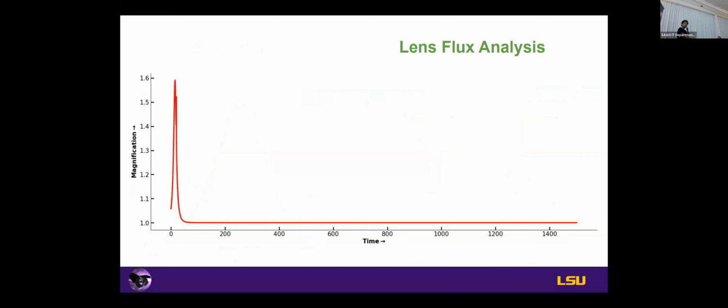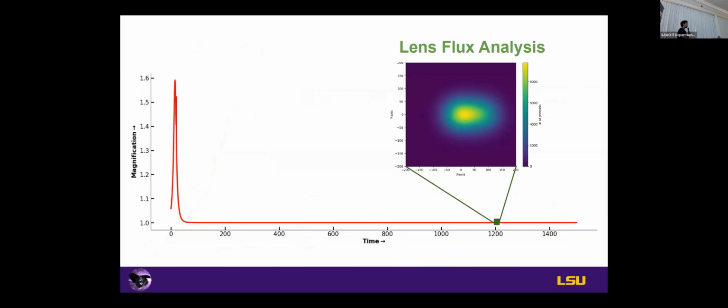So just to give you the idea, after the event happened, much later, we know that there is a relative proper motion between the lens and the source. If we look at an image much later, there will be an elongation of the PSF because of the presence of the two sources.